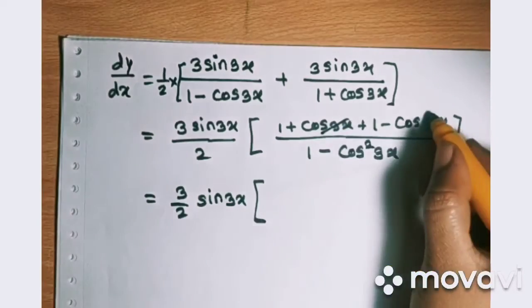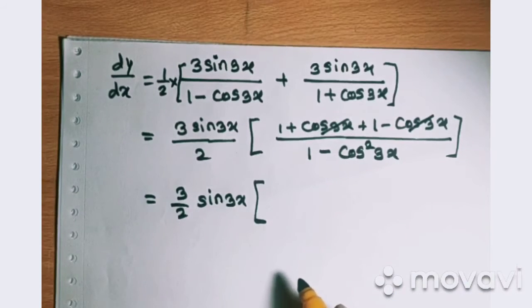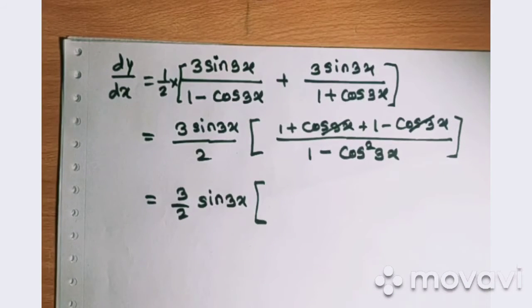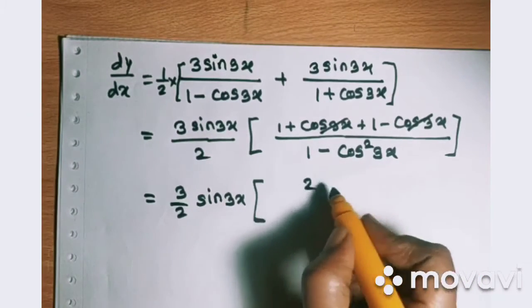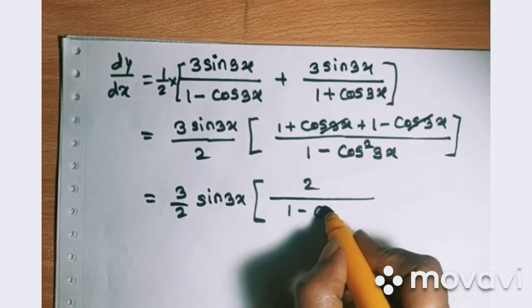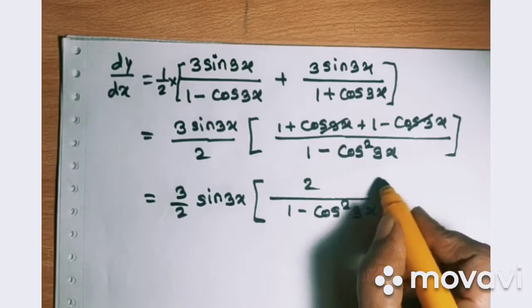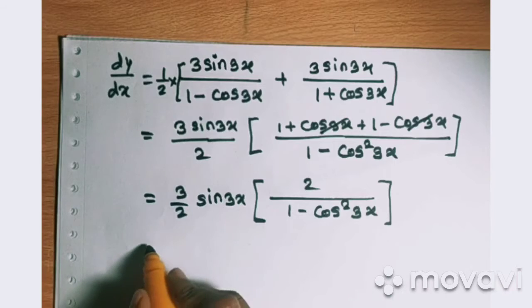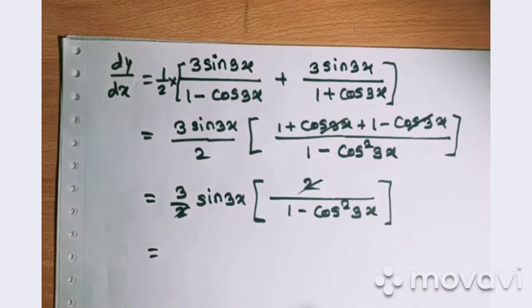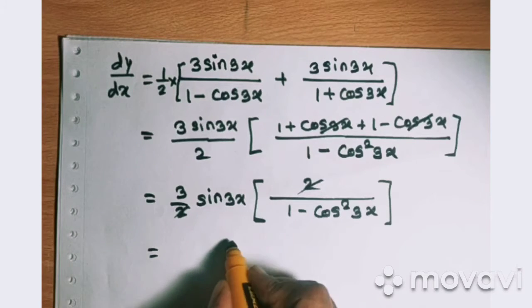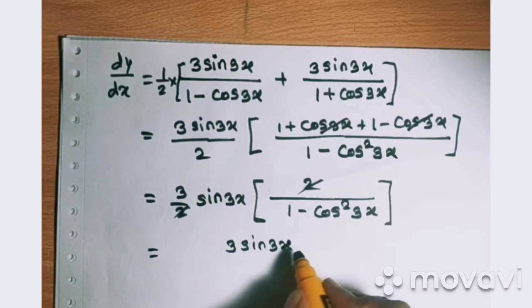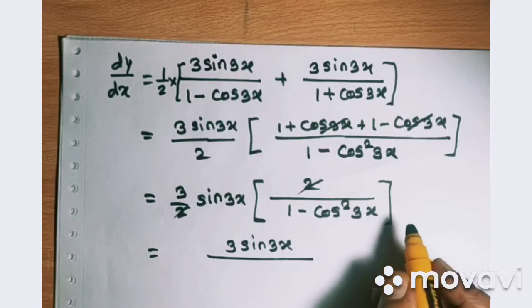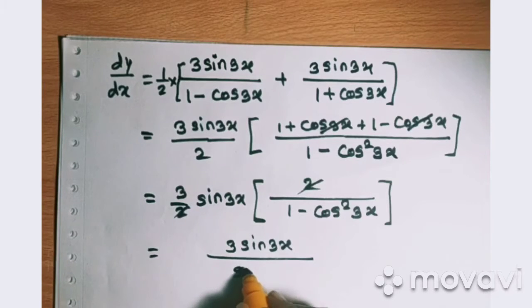This minus and this plus terms get cancelled out. 1 plus 1 becomes 2, divided by 1 minus cos squared 3x. This 2 and this 2 get cancelled. So we get 3 sine 3x divided by 1 minus cos squared 3x, which becomes sine squared 3x.